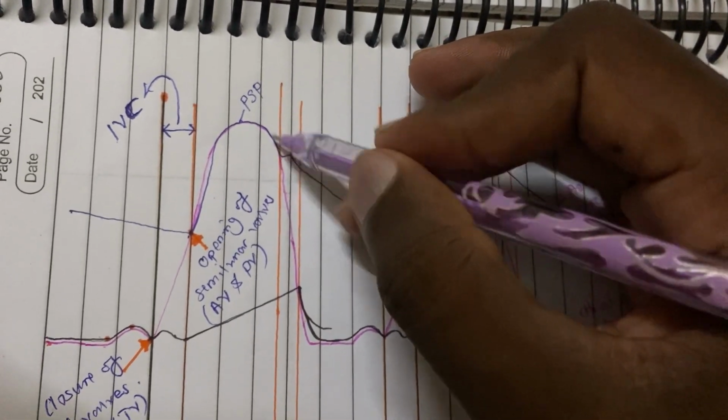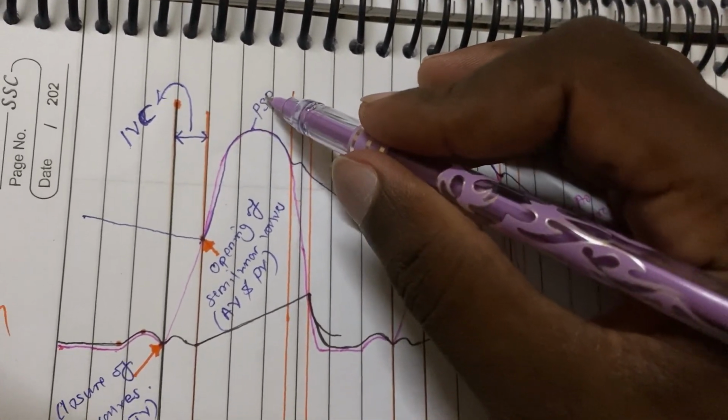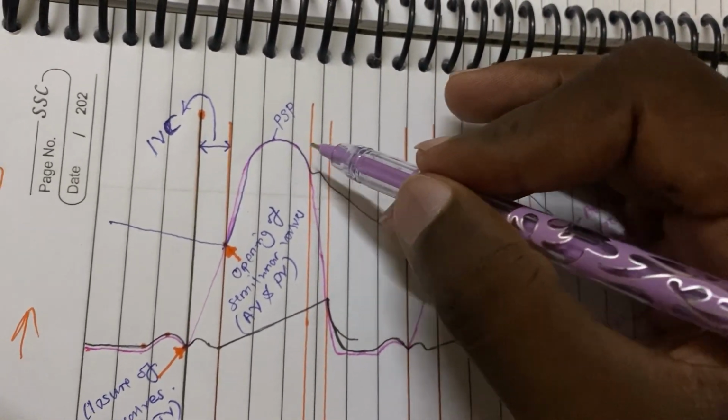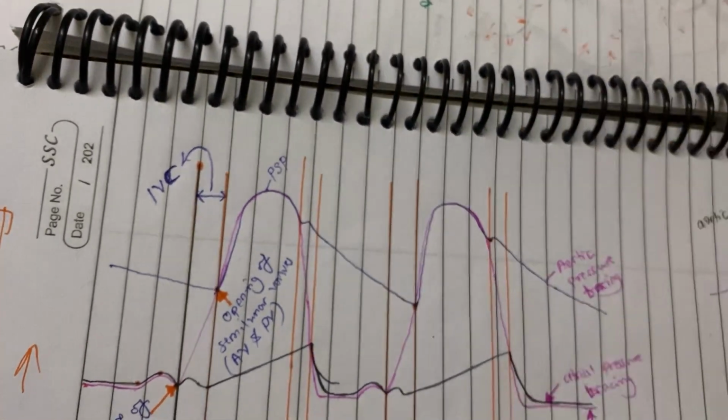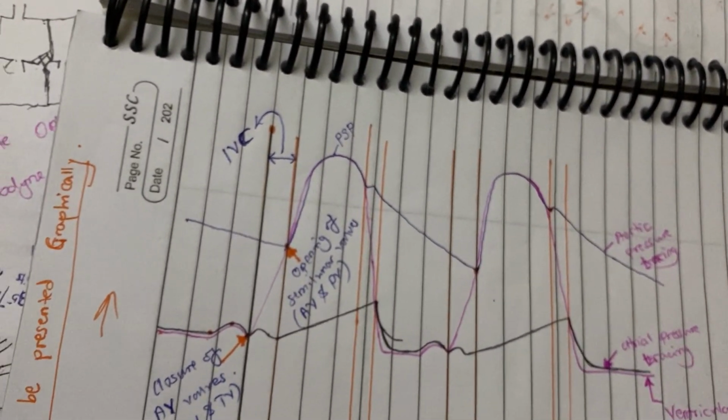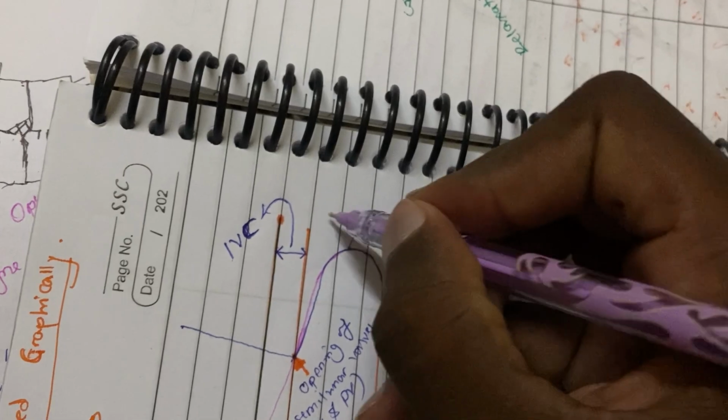So here, after achieving peak systolic pressure, ejection starts, and then comes another phase, the phase of slow ejection. This was rapid ejection.